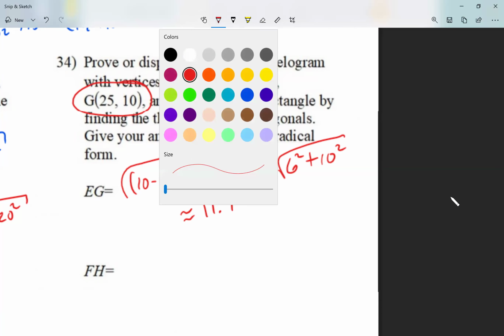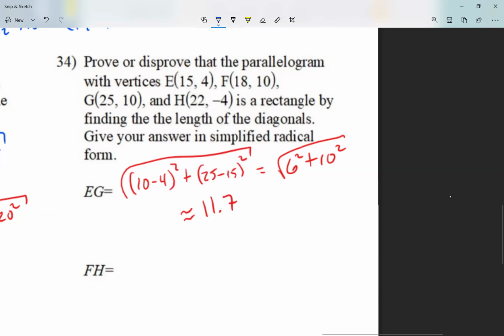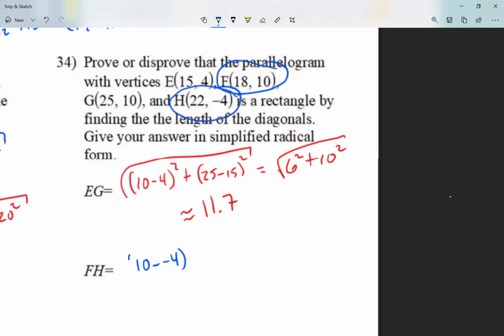Now let me switch it to blue so we don't get confused on the work. FH. So I'm looking at the coordinates of F and H. First of all, I have to subtract the y's. I want to avoid negatives, so I'm going to go 10 minus a negative 4, all squared, plus. Let me subtract the x's, 22 minus 18, all squared, and this is inside a square root.